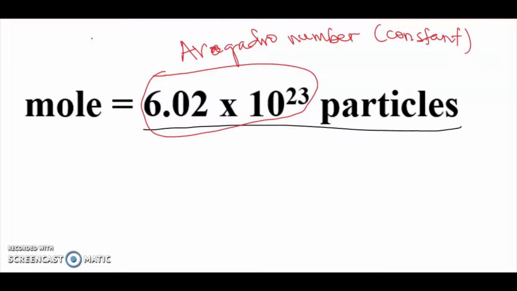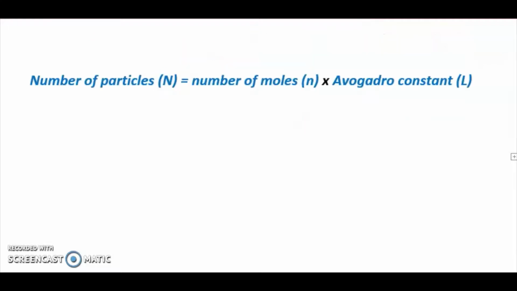Now, how can we calculate the number of particles in a substance? We can do that by making use of this formula. Number of particles, represented by N here, is equal to number of moles multiplied by the Avogadro constant, which is 6.02 times 10 raised to the power 23.